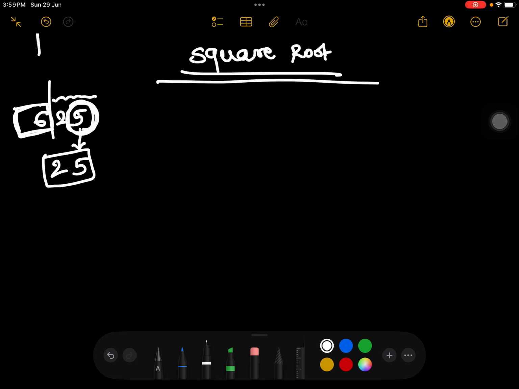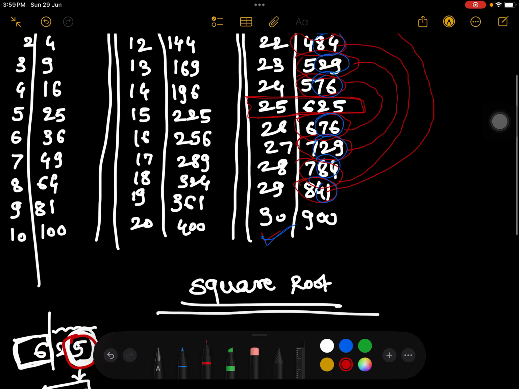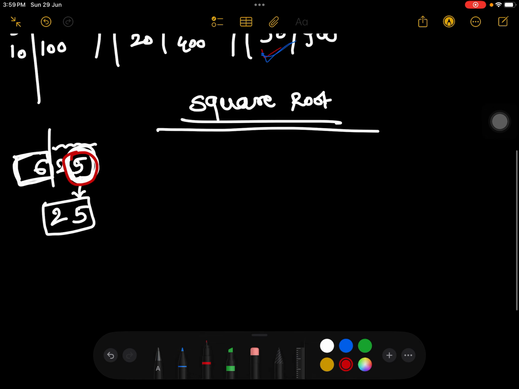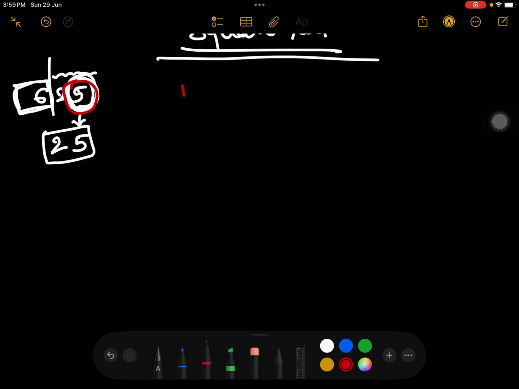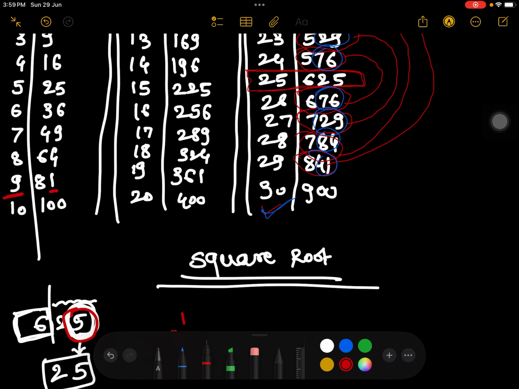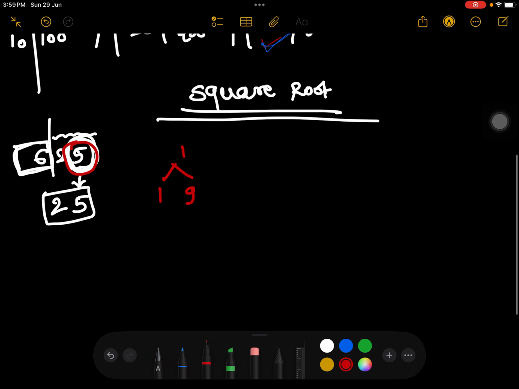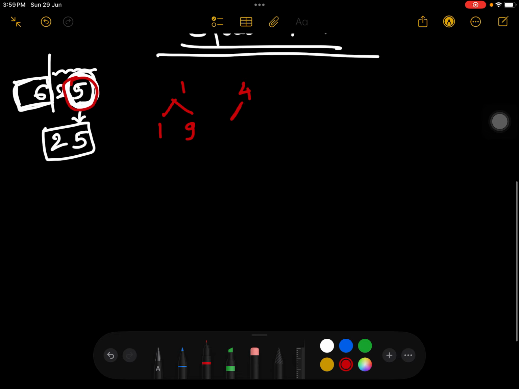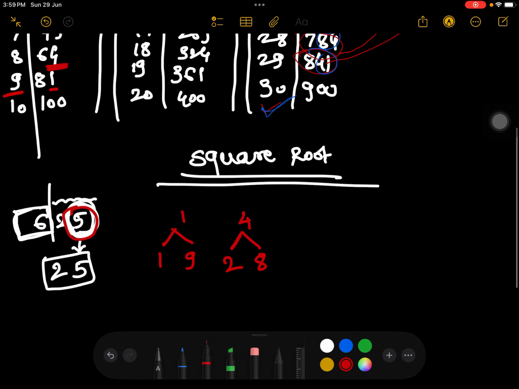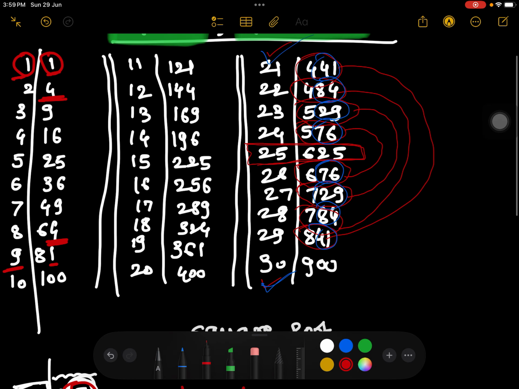Now, first we are checking the last digit. What is the last digit of the given number? For 1, the last digit of the root can be either 1 or 9. For 4, it is either 2 or 8.